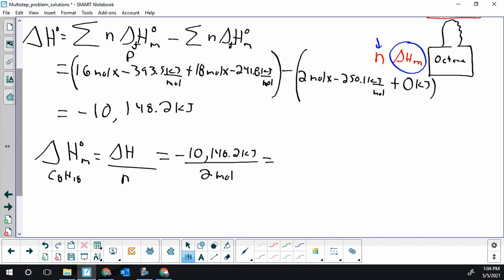So that gives us the molar enthalpy we've been looking for, 5,074.1 kilojoules per mole is our molar enthalpy. All of that just to get that blue circle, that molar enthalpy of our fuel.